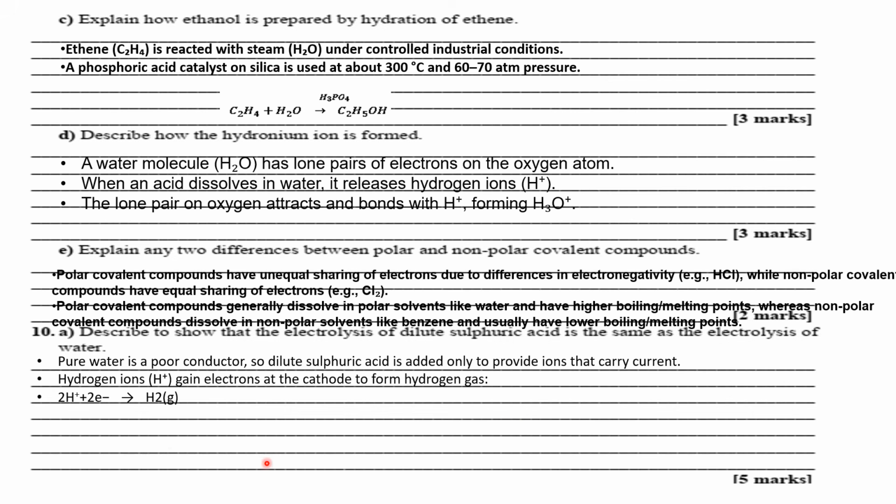And in the process, according to this reaction, hydrogen ions in the solution will gain electrons to produce a gas called hydrogen. So hydroxide ions from the water lose electrons at the anode to form oxygen gas.